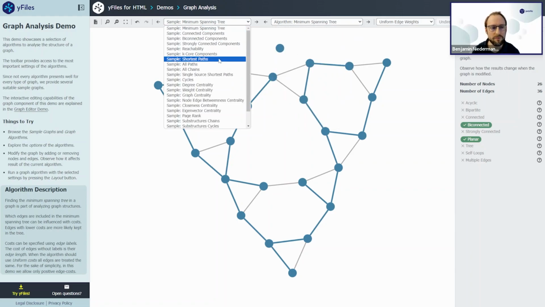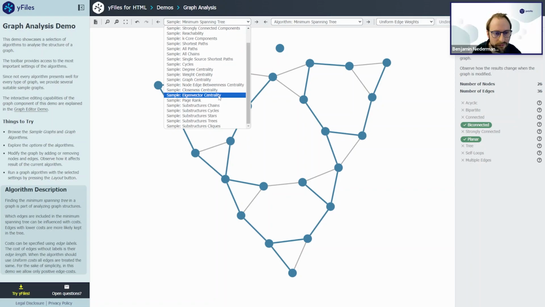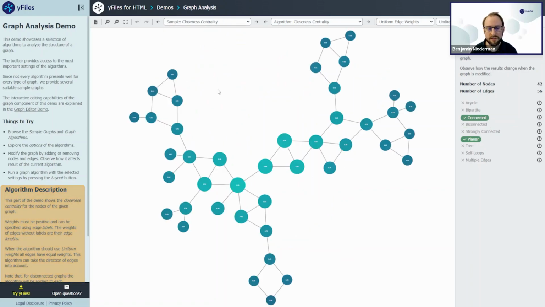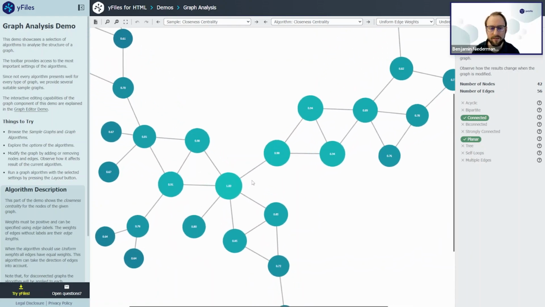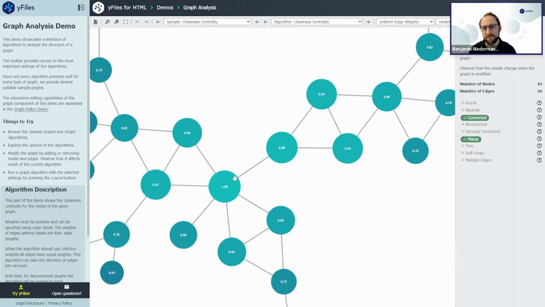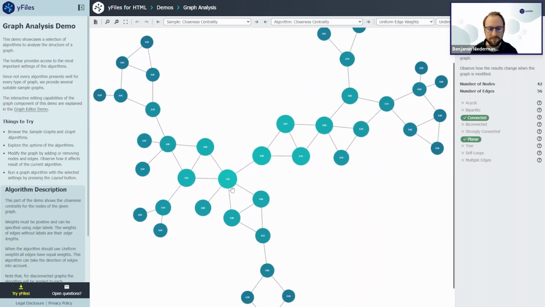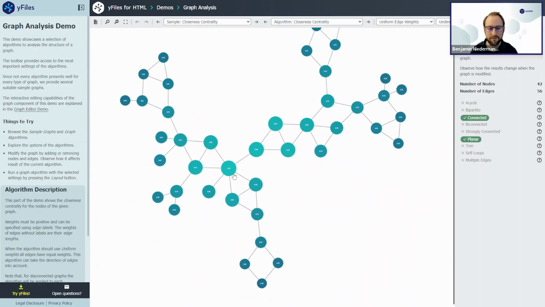So we could use centrality, that is a nice one. Closeness centrality is a very typical analysis property that you could consider. Then the algorithm is run, and the centrality says which of the nodes are most central in your graph. So here we have a centrality of 1. So this is a really central node. And then we have nodes that are not that central.